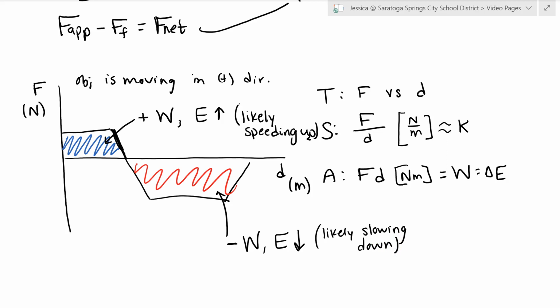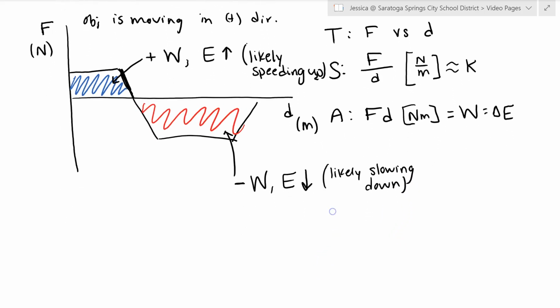Now, what we can do with that area is we can figure out information about the speed. So let's call this area 1, so I'll call that work 1. We can take that area, or work 1, which looks like an area of a rectangle and an area of a triangle, and we can set that equal to the change in kinetic energy.